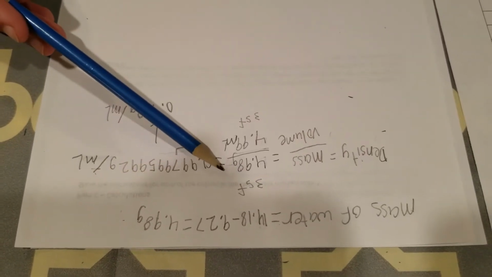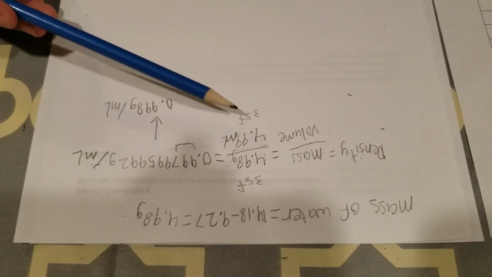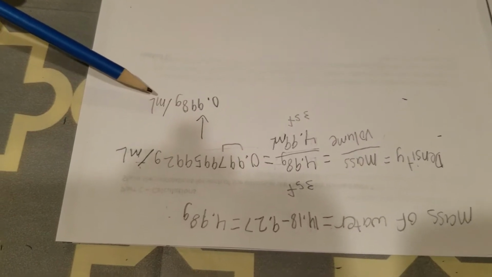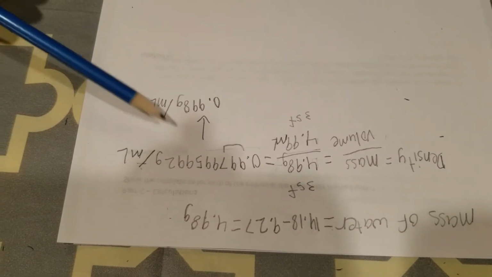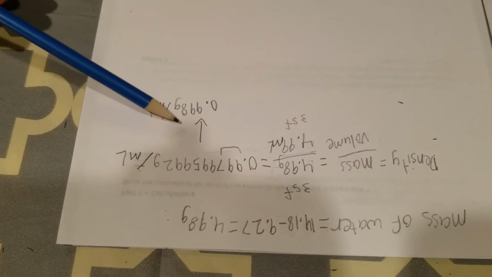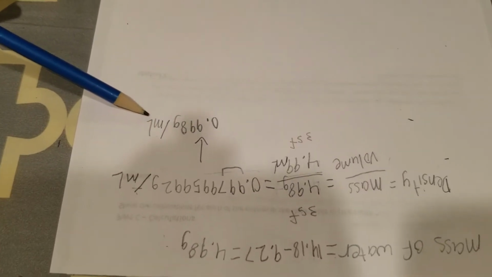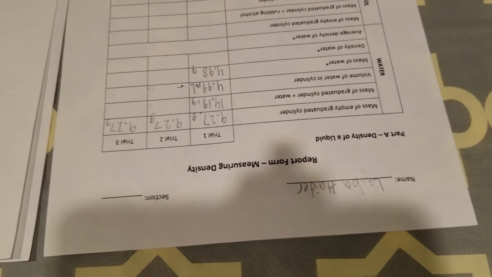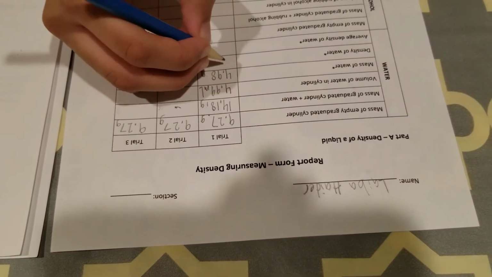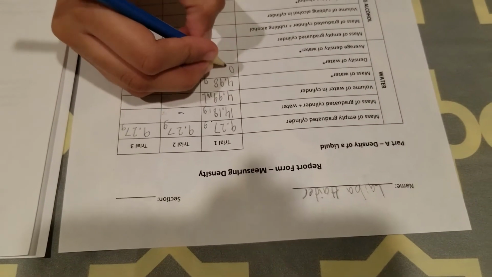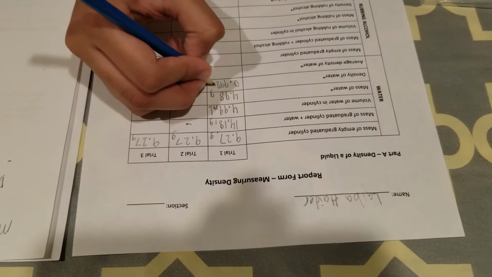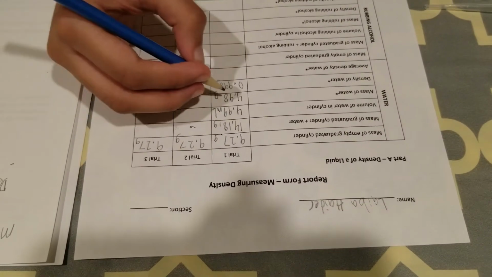We have 3 sig figs in mass and 3 sig figs in the volume. So we will be rounding it to 3 sig figs, and since the last digit to be kept is followed by a number that is greater than 5, we are going to round up and our answer will be 0.998 grams per mL. So now Laiba, go ahead and write down this density in the density column for trial 1. Grams per milliliter.